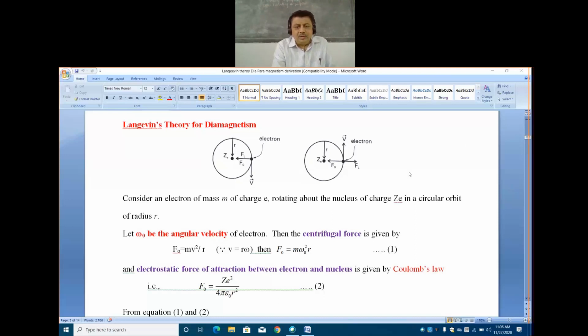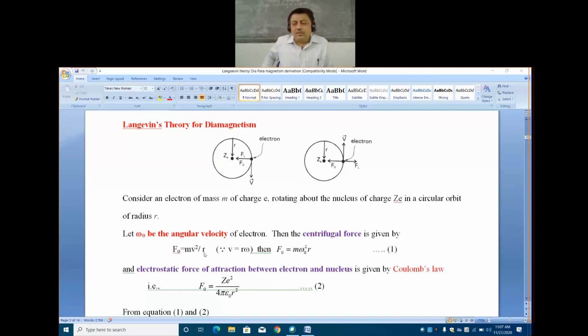Then centrifugal force: once a body is rotating in a fixed orbit, it will experience a centrifugal force. So we know that for a body of mass m, velocity v, and radius r, this centrifugal force is given by mv square by r.